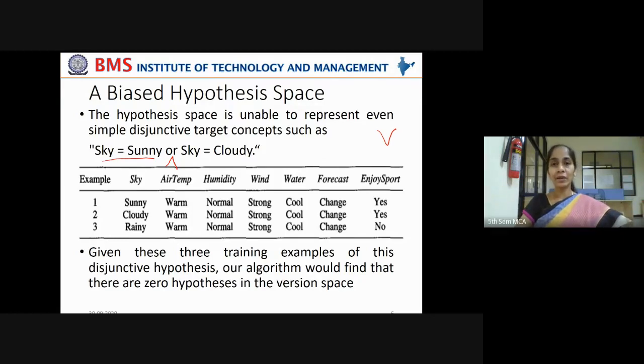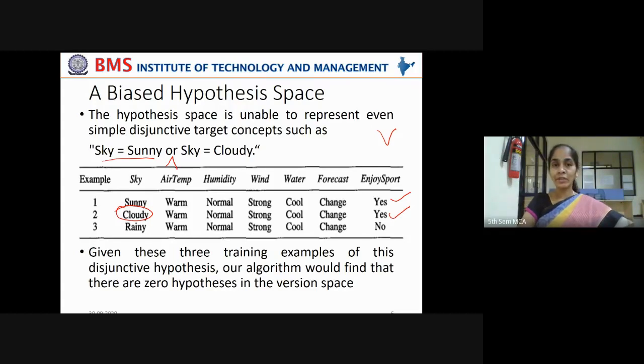Isn't it surprising? Actually, when the learner starts learning from example 1, it has some specific hypothesis. From example 2, it generalizes the sky attribute and still has some specific hypothesis, right? But when we take this disjunctive representation of the target concept, meaning instead of and we are using or, we'll find that there are zero hypotheses in the version space.